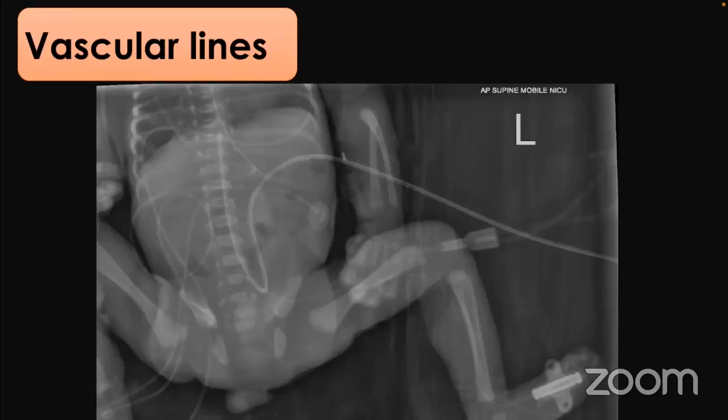We have a vascular line inserted from the left lower limb, and the tip is seen at the level of the diaphragm. It's a normal position.